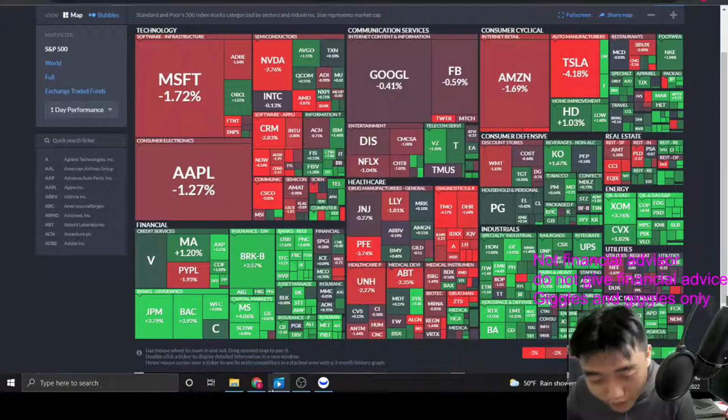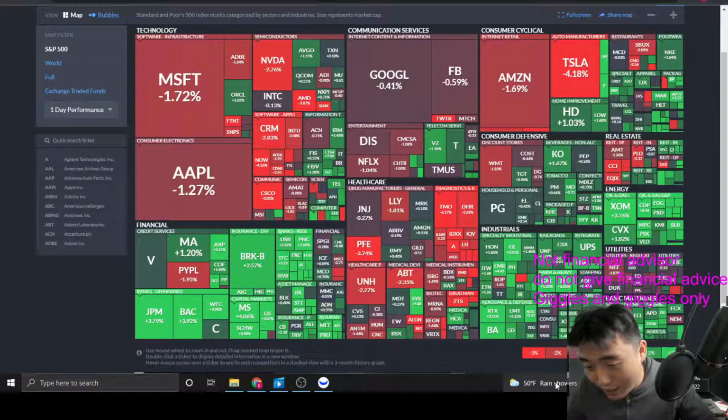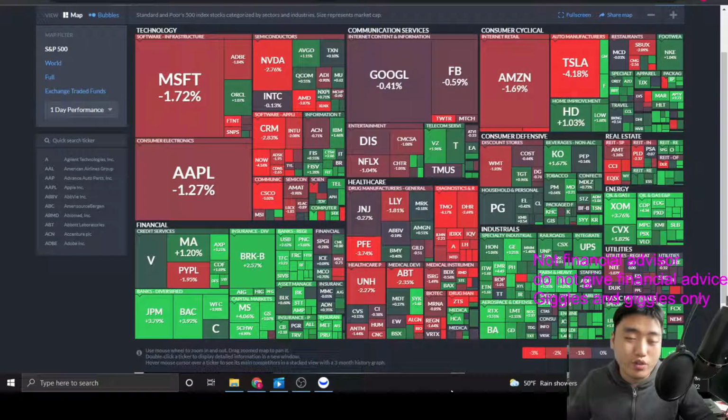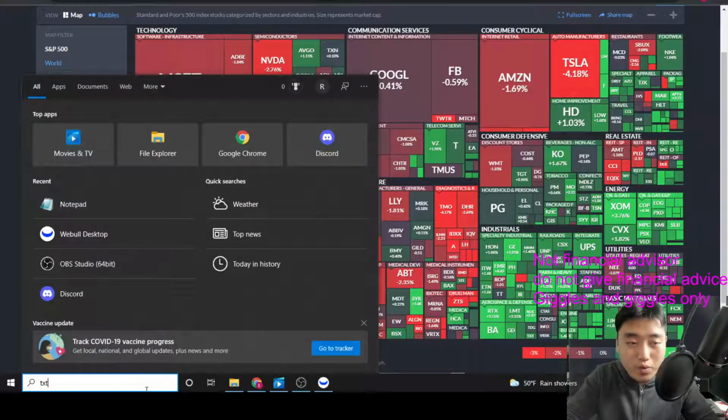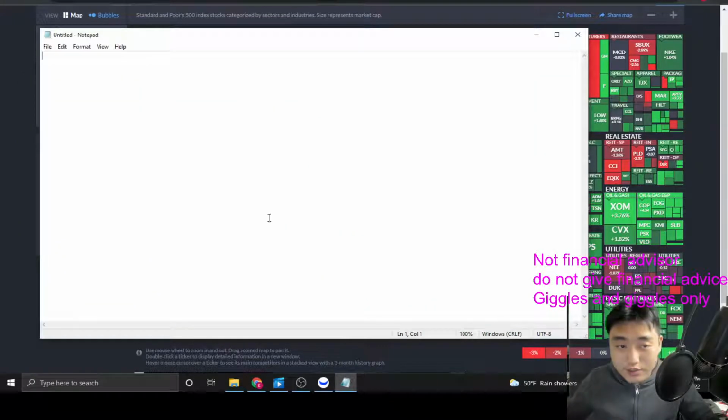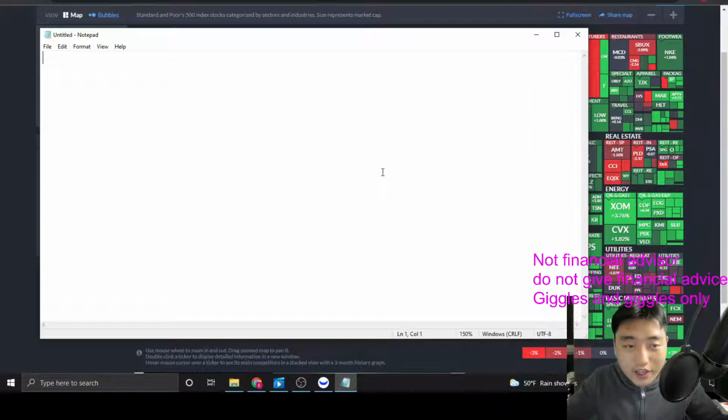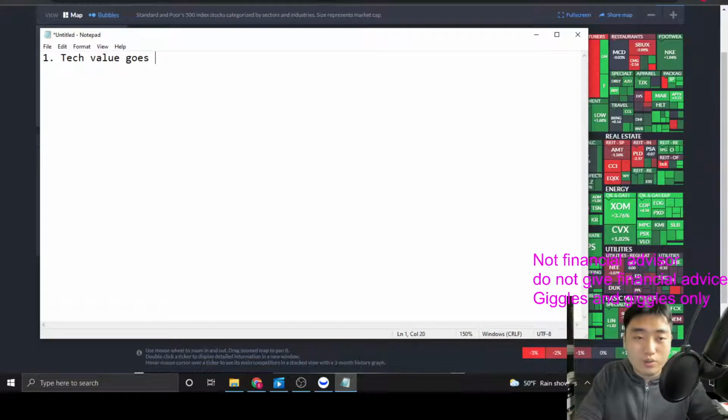So if you can't understand what I'm talking about for the past, I don't know, 10 minutes, what you have to understand is this is what really is going to happen. So here, one, tech value goes into consumer facing industries.